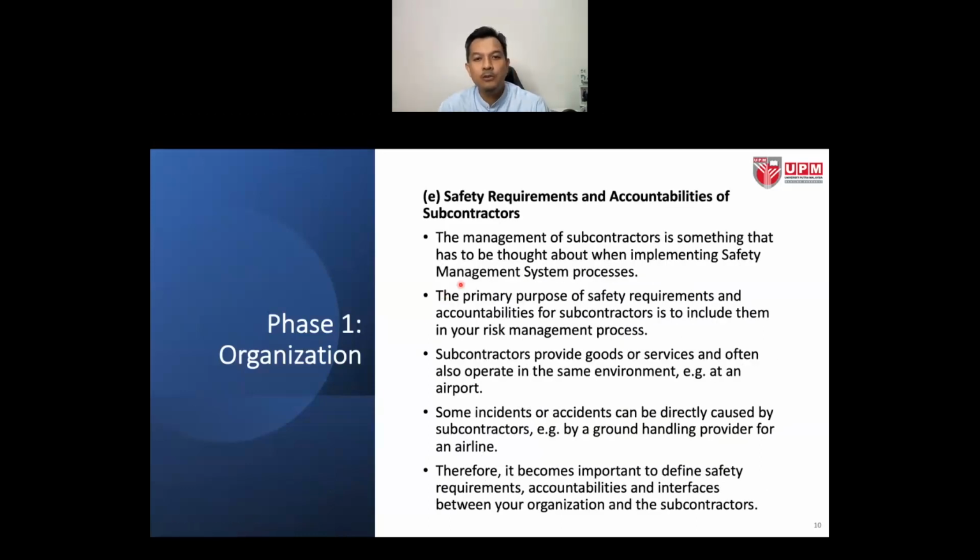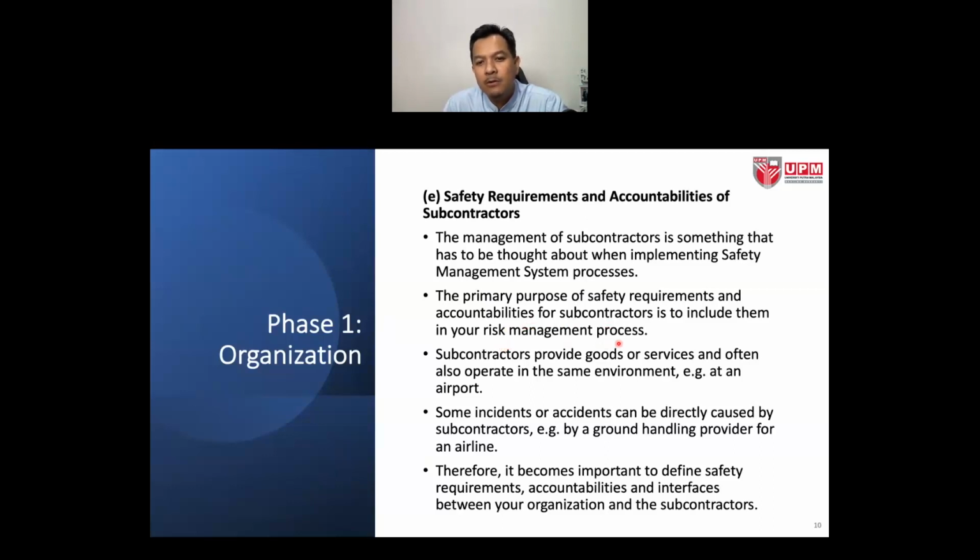And then we move into safety requirements and accountabilities of subcontractors, still in the first phase of organization. The management of subcontractors is something that has to be thought about when implementing SMS processes. The primary purpose of safety requirements and accountabilities for subcontractors is to include them in your risk management process.